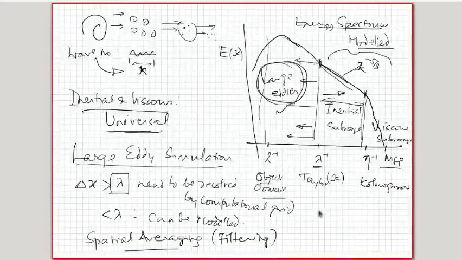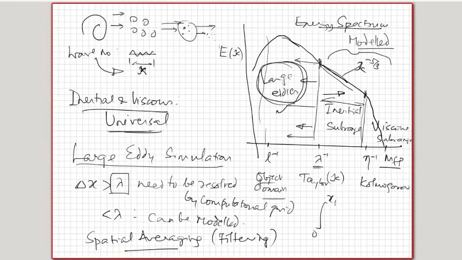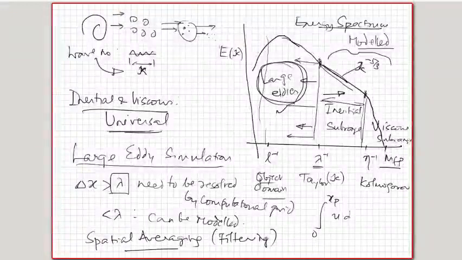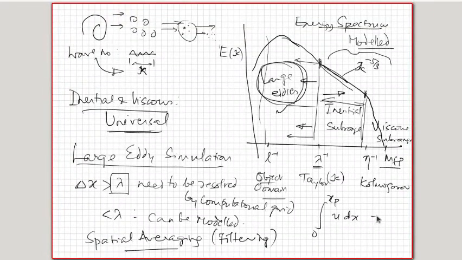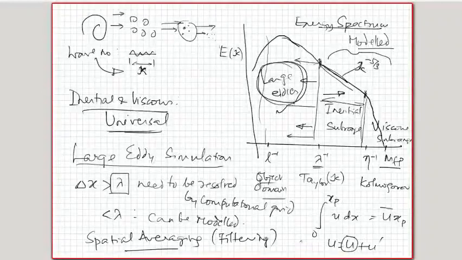So you take the average over space, let us say 0 to xp of u dx, okay, and this you call as u bar into xp, right? And then you say u will be equal to u bar plus u prime. This u bar is usually written in the form of u like this. This is the filtered u.